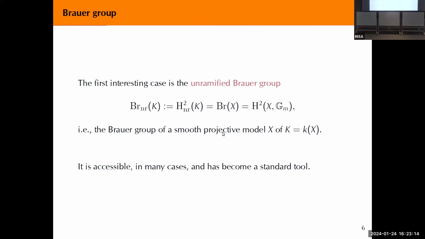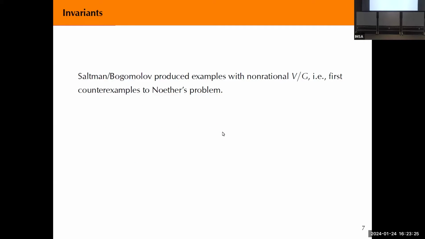It turns out that it's accessible in many cases, and I will show you how to compute these things. So it became a standard tool in this field. Saltman and Bogomolov produced the first counterexamples to Noether's problem.